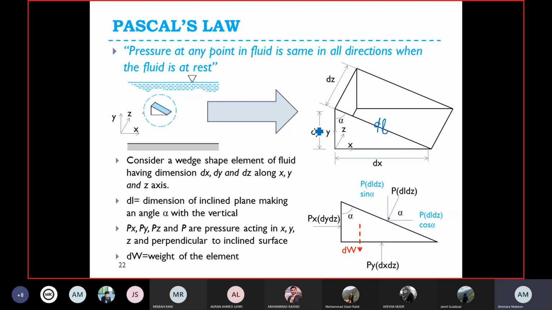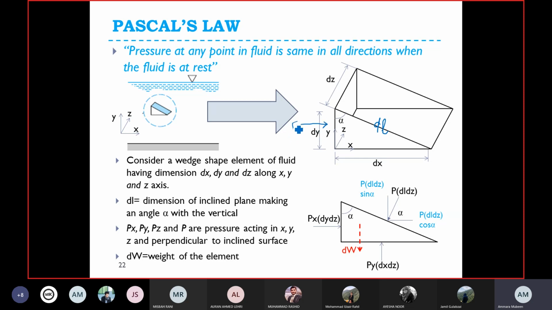Okay, so our objective is to prove that pressure on every side would be equal. Like if Px is the pressure on this side, so Px is here. Pressure is actually distributed over the area.